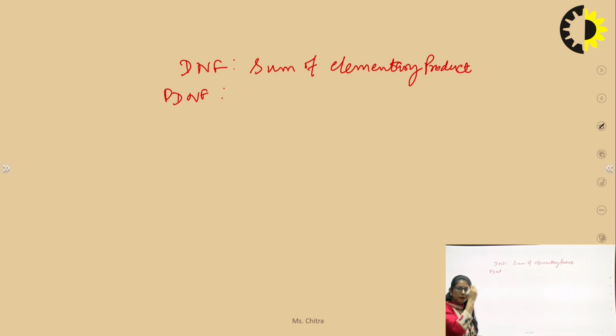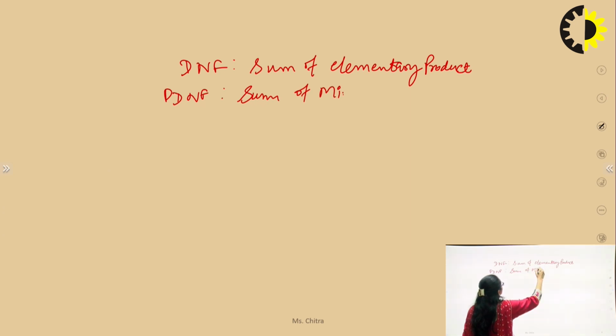In the case of principal disjunctive normal form, we say it's a sum of minterms.